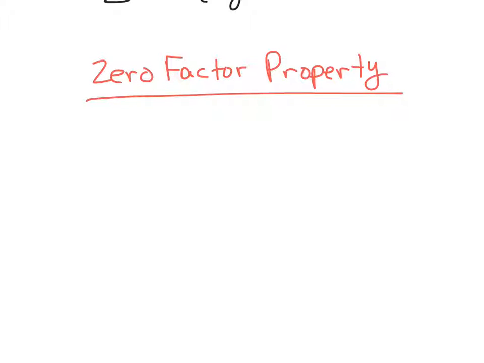You've known what the zero factor property says ever since about 3rd or 4th grade, maybe even before that. You just maybe had not formally stated it. Here's what it says.